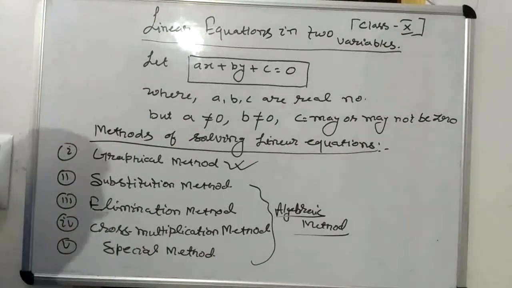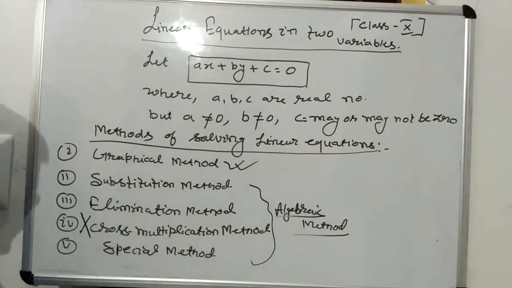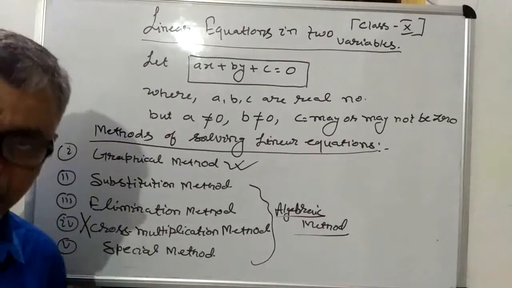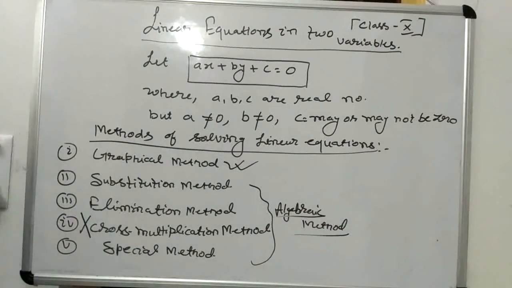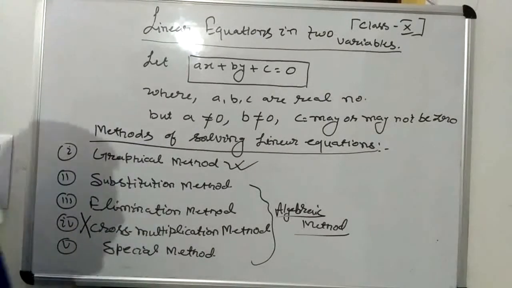Now in your syllabus, the cross multiplication method has been eliminated, and the special method is also very rarely used. So mainly you have to learn three methods: graphical method, substitution method, and elimination method, which are important.